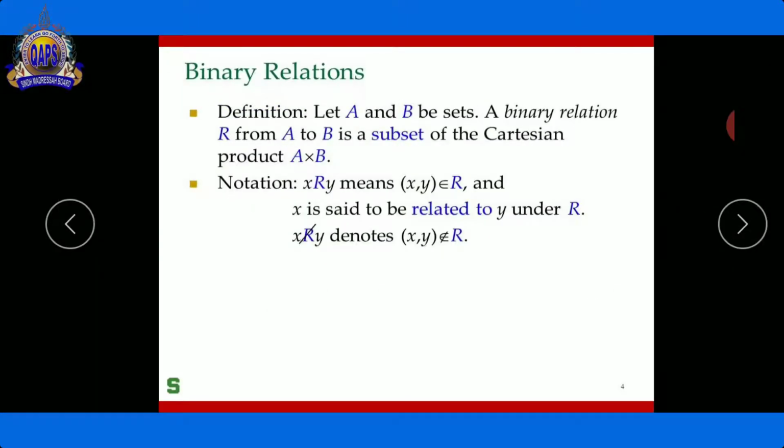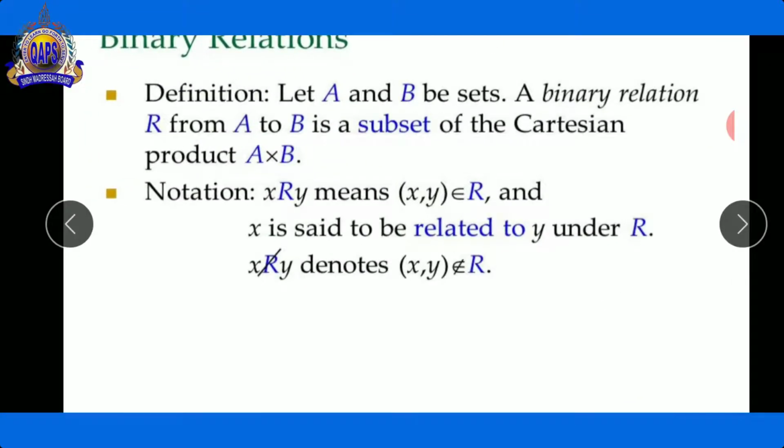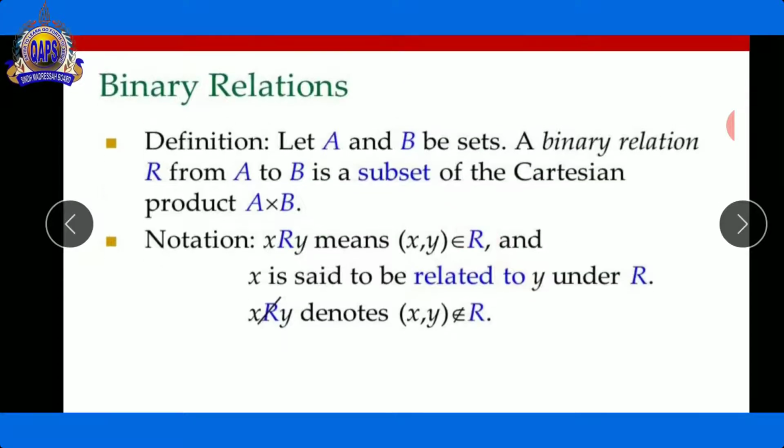Now let's go to the main definition, which is binary relations. The definition of the binary relation is that let A and B be two sets. A and B are any two sets.